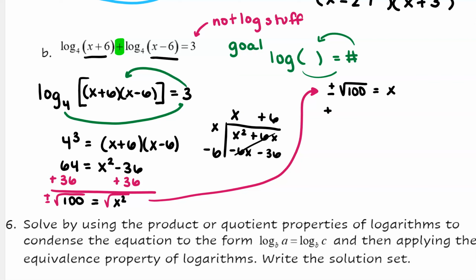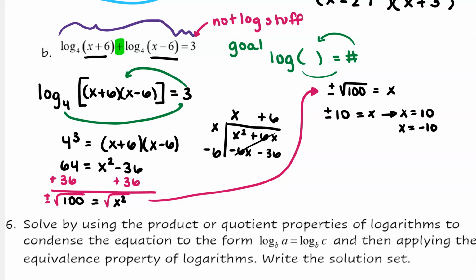So I have plus or minus 10 equals x. So that tells me x equals 10, x equals negative 10. But now, because the log function has a jacked up domain, we have to check our answers. So let's go back to our original equation over here.